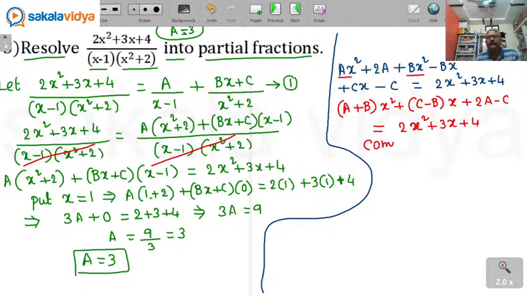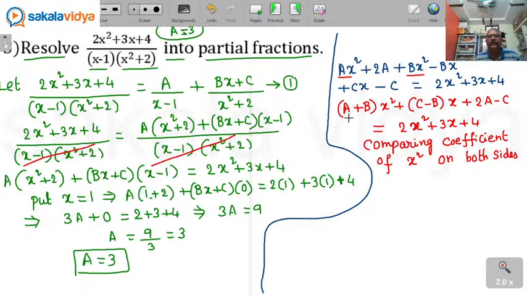Comparing the coefficient of x square on both sides.